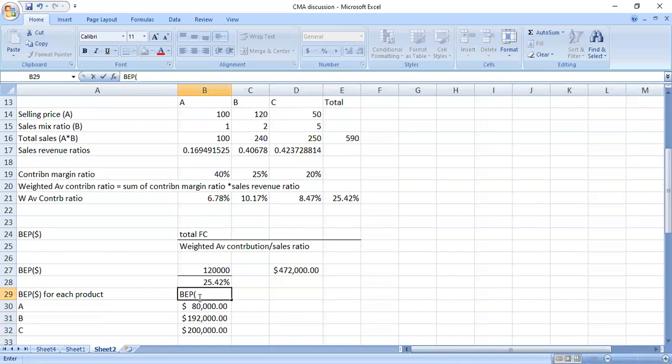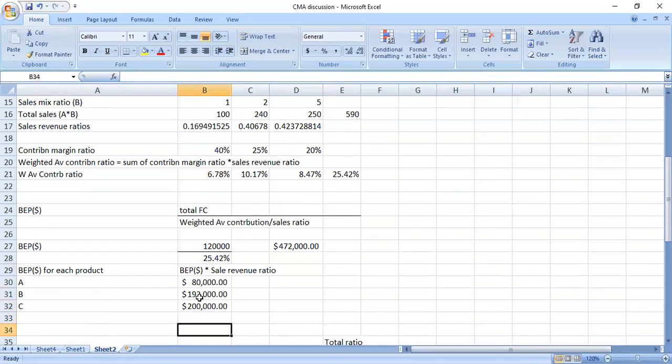Have you all understood the number? Okay, let's go to another question.